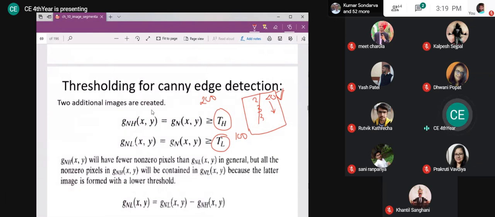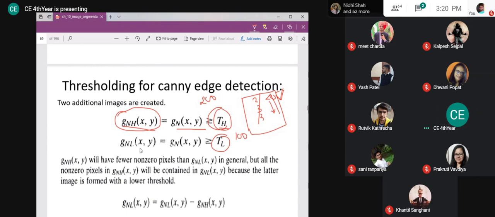Okay. So I am creating one image GNH, which has all the points of G having value larger than the threshold. That means GNH includes all the points that are potential candidates of edge, because they are passing the higher threshold. That means they are more isolated from their background. That's why the difference is higher, and hence they can pass the higher threshold.